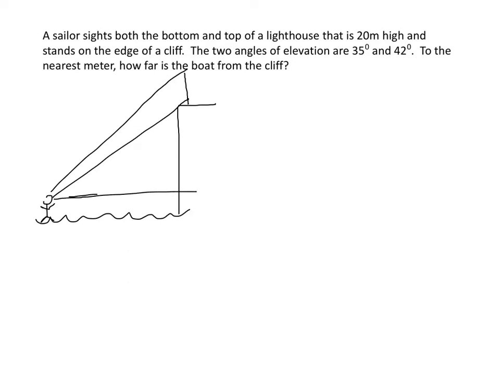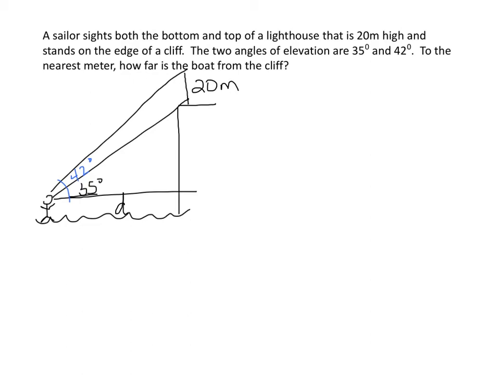The smaller angle of elevation is 35 degrees. The larger angle is this whole angle at 42 degrees. I was given that this lighthouse is 20 meters, and I'm looking for this distance here, the boat to the cliff.